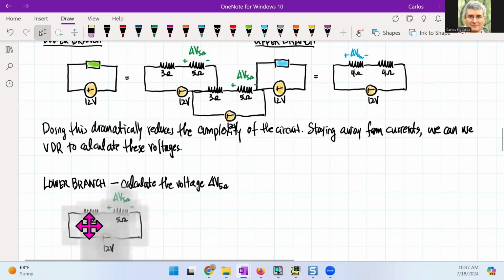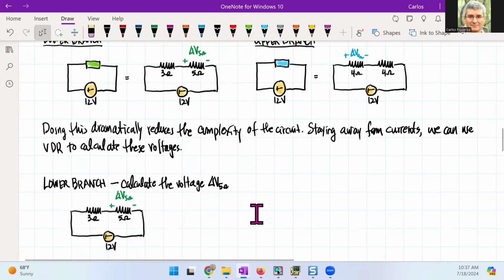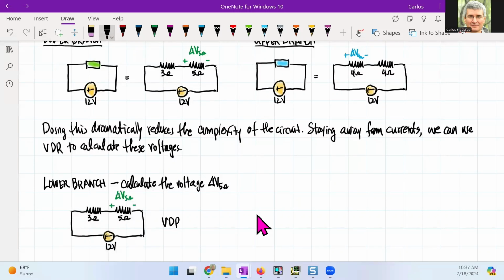So here's my circuit right here. So VDR then says that the voltage across the 5 ohm has to be the sum of the resistors, which is 3.3 plus 5, and then it has to be the actual resistor times 12 volts. So if I calculate this number, I get 7.5 volts. And this is the voltage of the 5 ohm resistor.